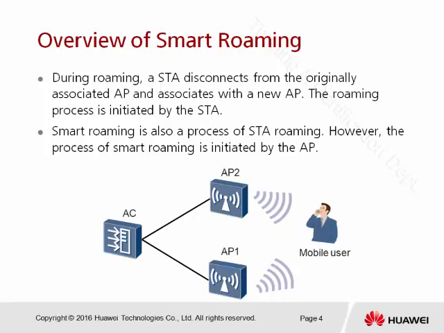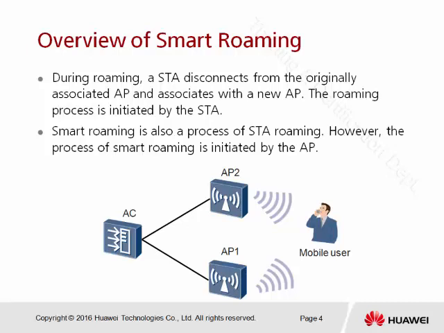So this is the process of roaming. During roaming, the STA disconnects from the originally associated AP and associates with the new AP. The roaming process is initiated by the STA, so all is done by the PC itself, our terminal.